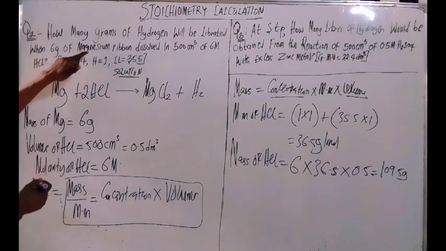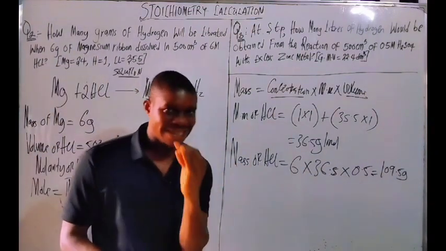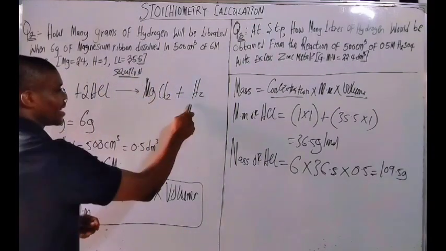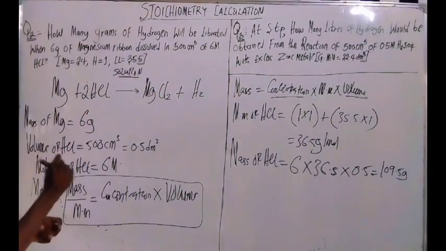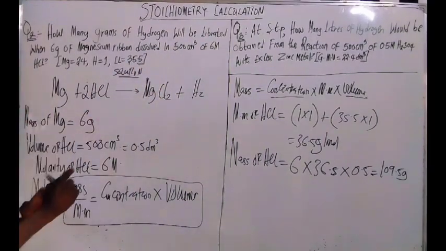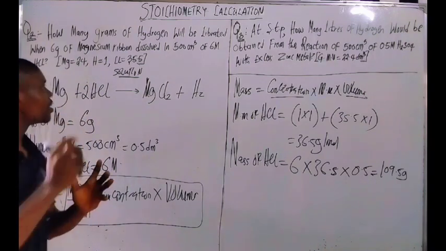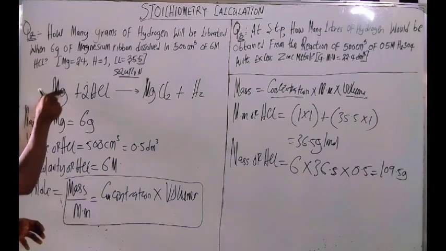with 6 grams of magnesium is 109.5. Please understand this, because for us to calculate the mass of the gas liberated, I have to use these values to calculate mass, so that it can be mass to mass. So now I've already calculated the mass of HCl that reacted with the magnesium ribbon.